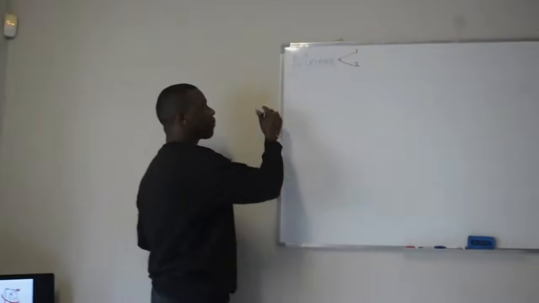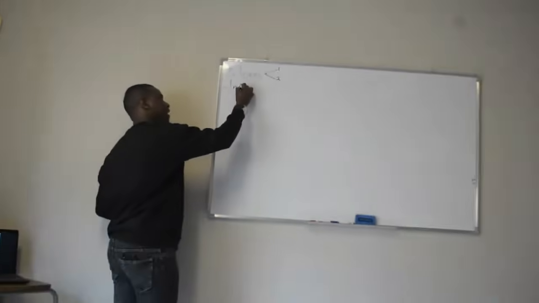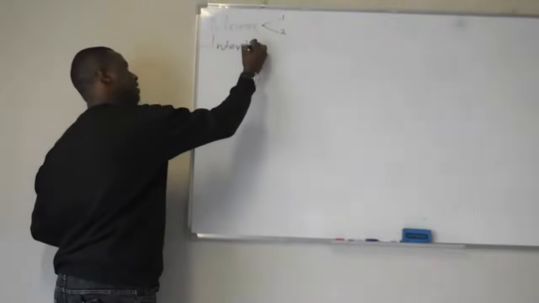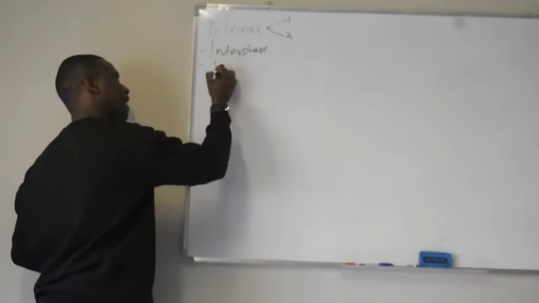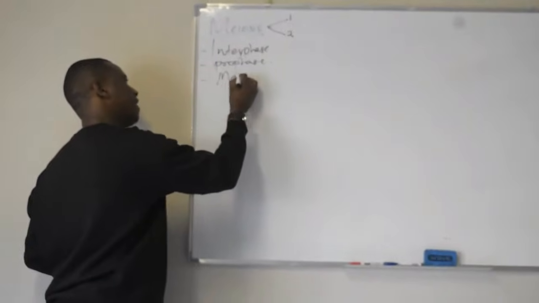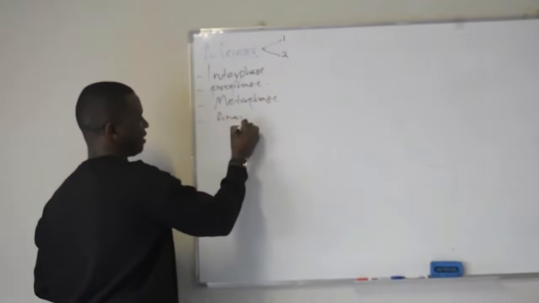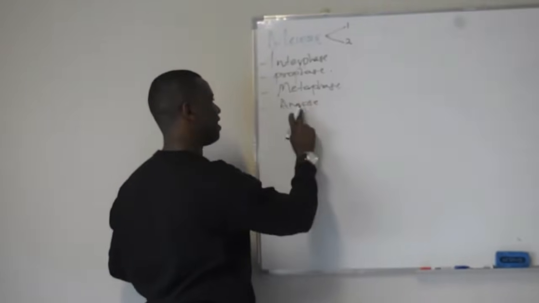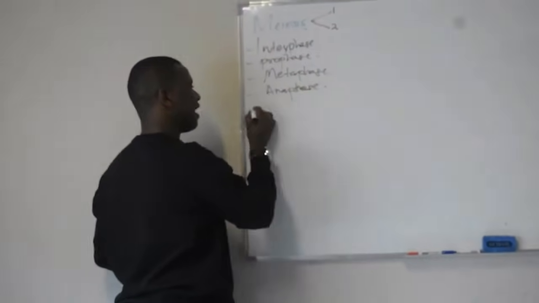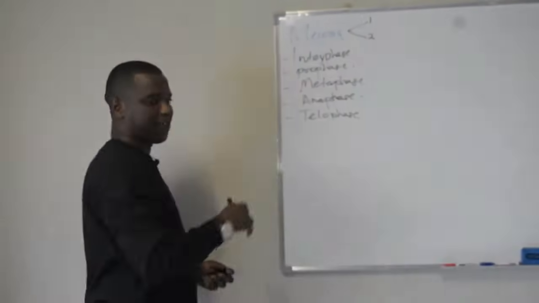So now, the phases of meiosis: we have a phase which is called interphase, followed by prophase, followed by metaphase, followed by anaphase, and lastly telophase. So we have these phases.